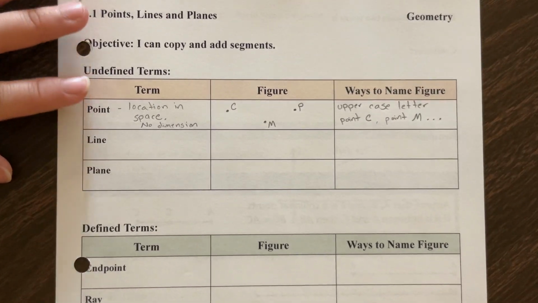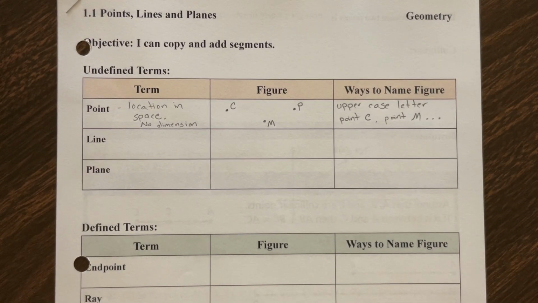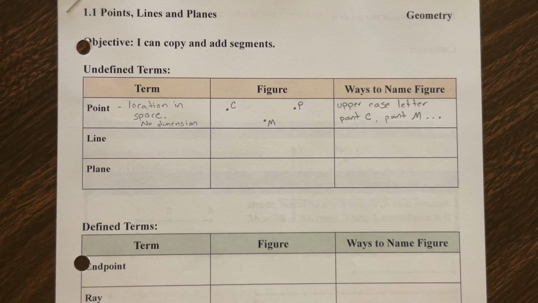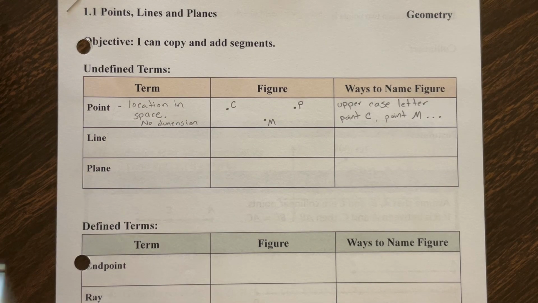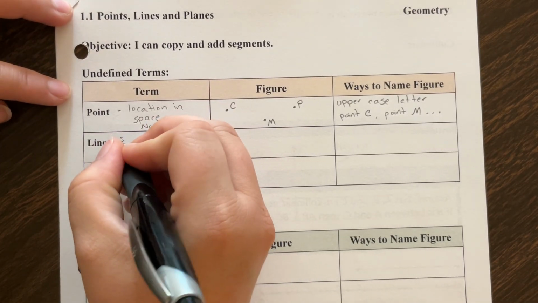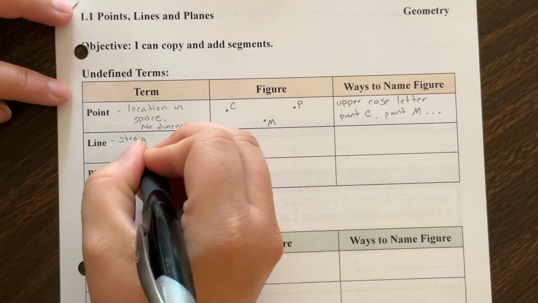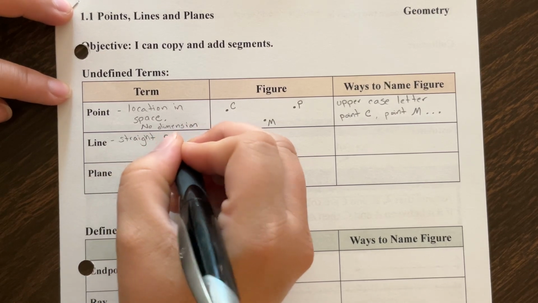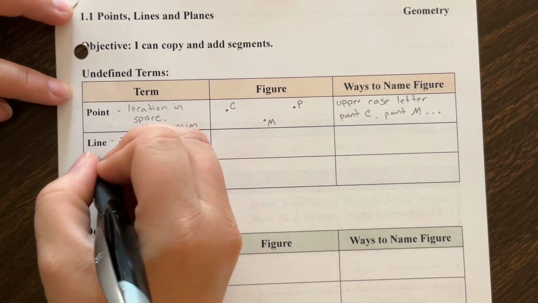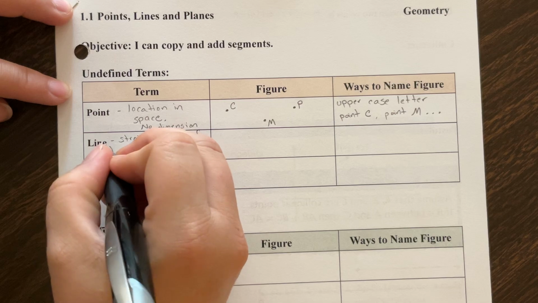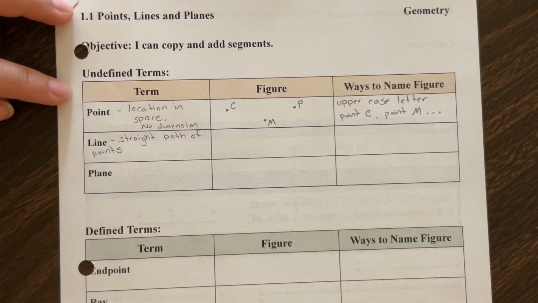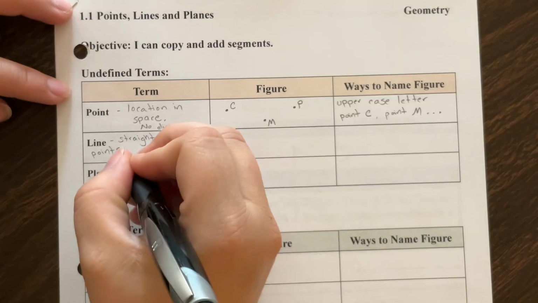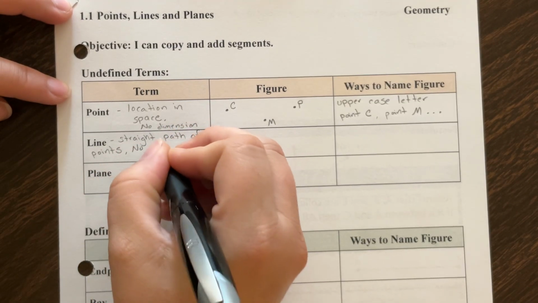Okay, our next undefined term is a line. A line is just a straight path of points. It has no width or thickness.